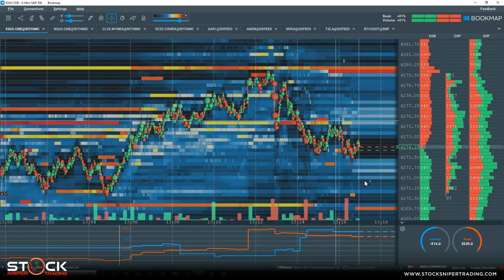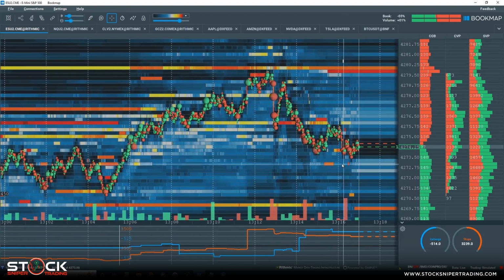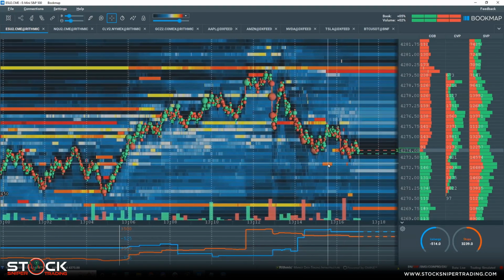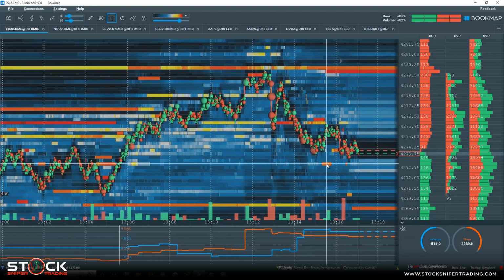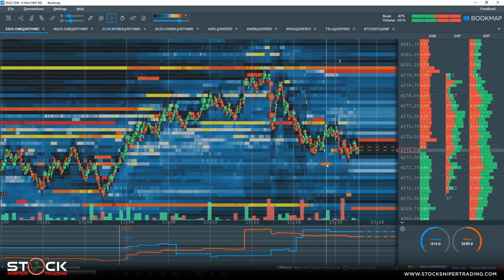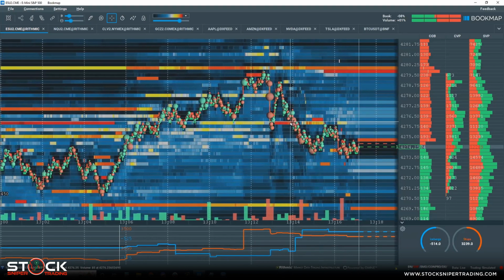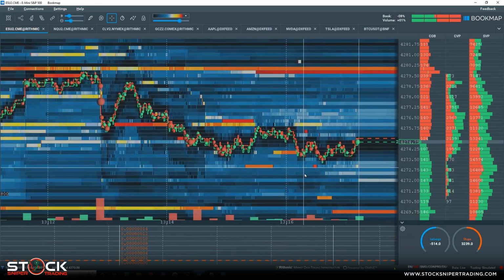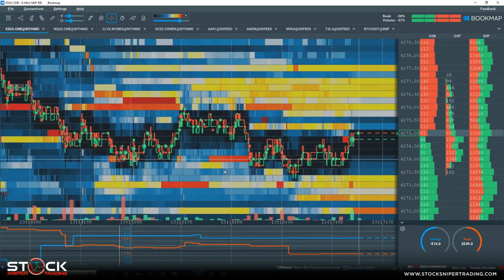In fact, when I zoom out, you notice that some of the colors change a little bit. The reason being is that the liquidity is recorded. It's set in stone. We can't change what happened. But we're changing the heat map in reference to everything else in the viewable chart. So if I zoom in, it looks like it's red maybe.